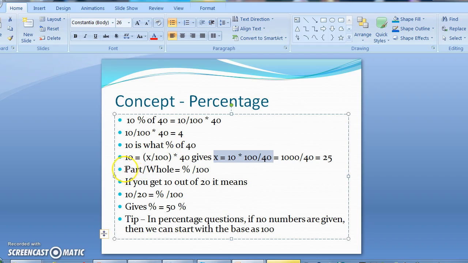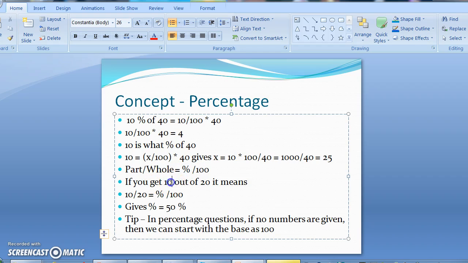There is another way of looking at the whole thing, from the basics of percentage. Part upon whole is percent upon 100, because whatever is the part out of the whole is what out of 100. It's basically a proportion where we scale the base to 100, and then we figure out how much the percentage is.